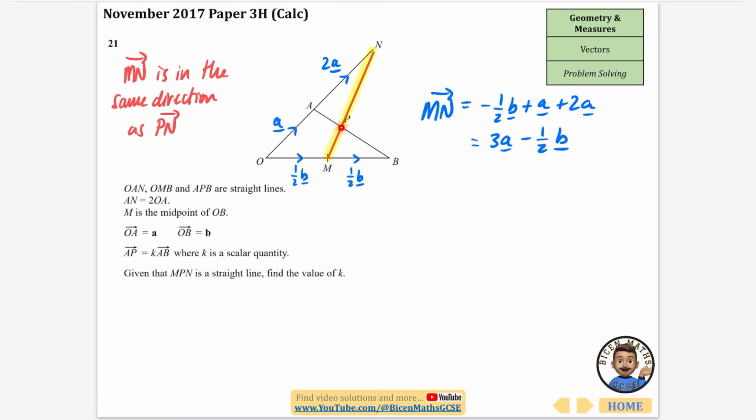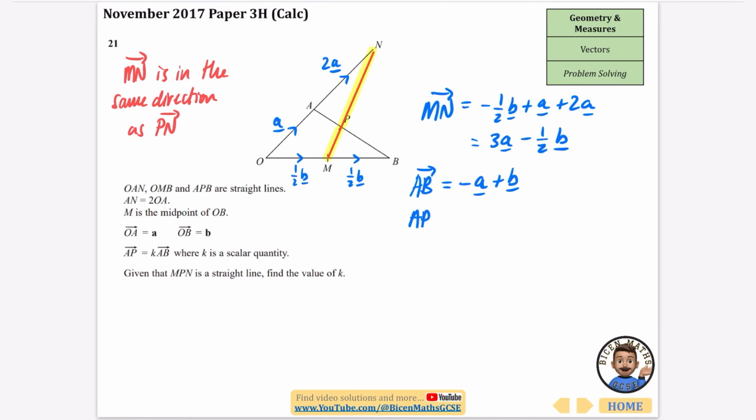Now, if I want to find out what PN is equal to, I need to find out what PA is going to be equal to. Well, before I do that, I need to find out what AB is equal to. AB is equal to minus A plus B. And then they've told us that AP is K lots of this.